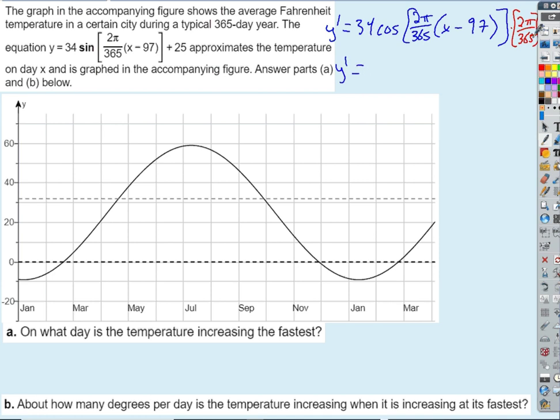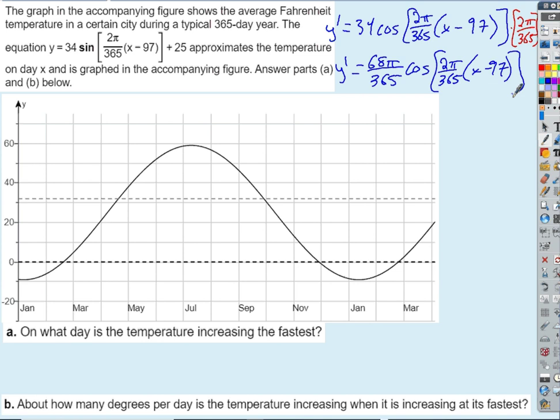So that's going to be 68 pi over 365 times cosine of all this stuff. Right? If we're trying to find a place where the temperature is increasing the fastest, where's that going to be? Where the derivative is what?